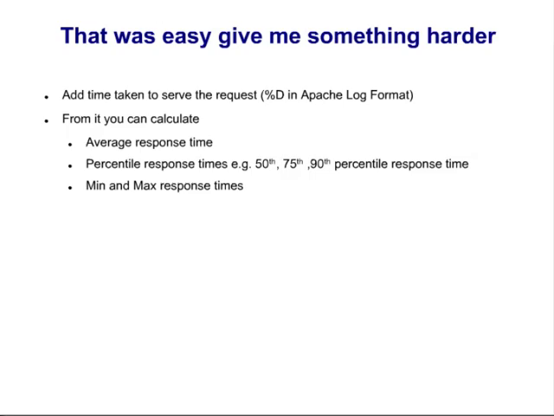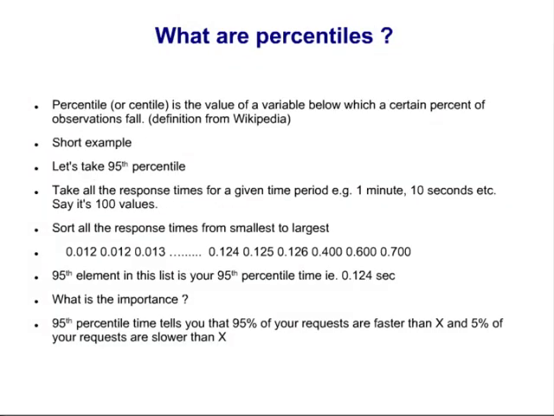And often I'll hear, what are percentiles? Per Wikipedia, a percentile is the value of a variable below which a certain percent of observations fall. I'm taking a short example here. If we're looking for the 95th percentile time, we'll take all the responses in a particular time period, and for this example, we'll say we have 100 values.